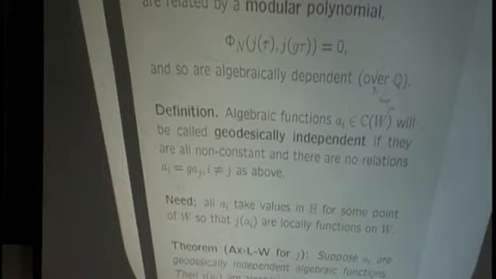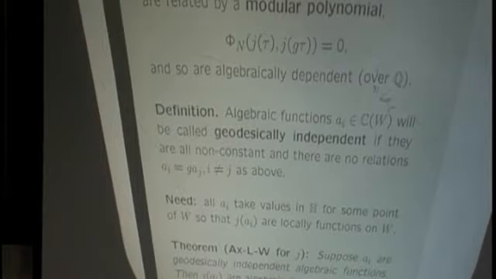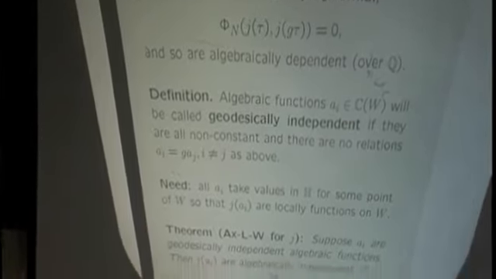There are no modular relations between those functions. And then the Ax-Lindemann-Weierstrass theorem says that if they're independent in that sense, then the J functions of them are algebraically independent functions over C.